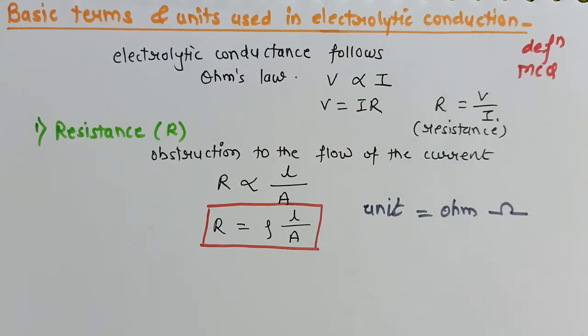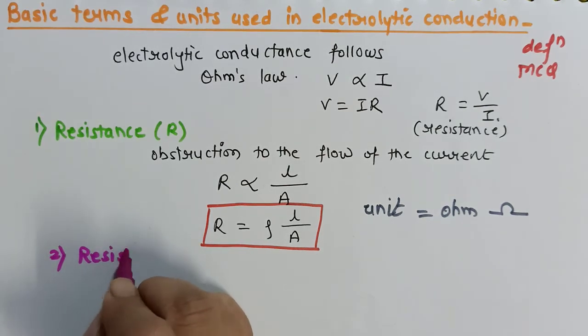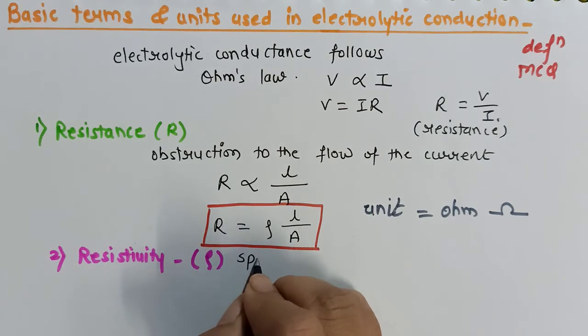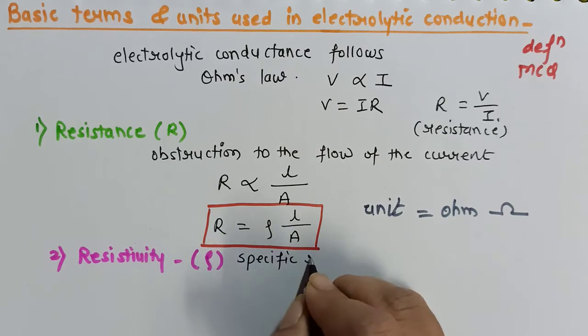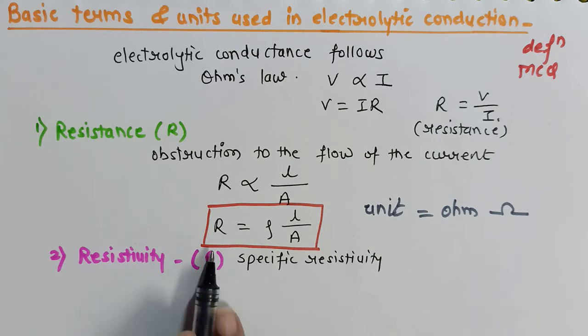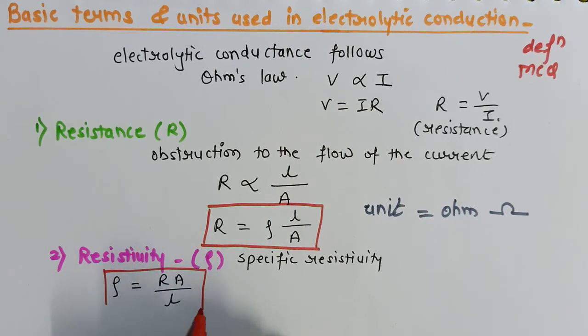Now we'll move to the next term, that is the resistivity. It is denoted by rho. It is also known as specific resistivity. Both the terms can be used. Now from this formula, I can write rho equals R into A upon L. Again, this is the formula based on which you will have lots of numericals.